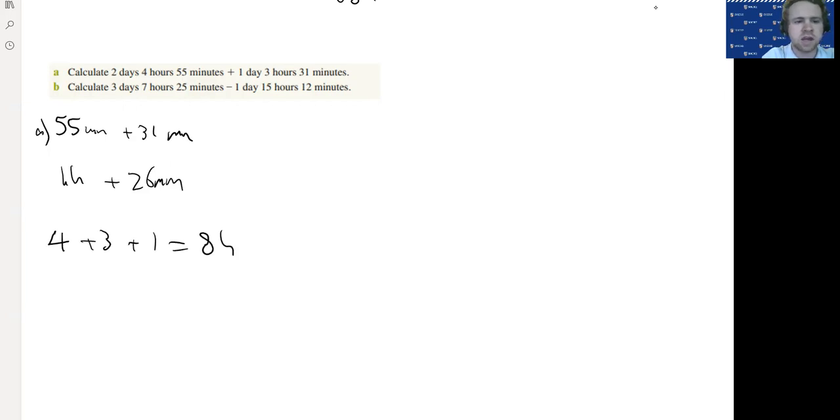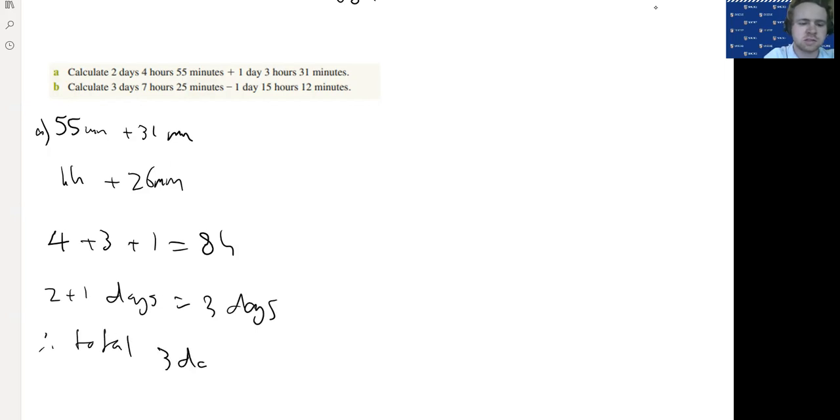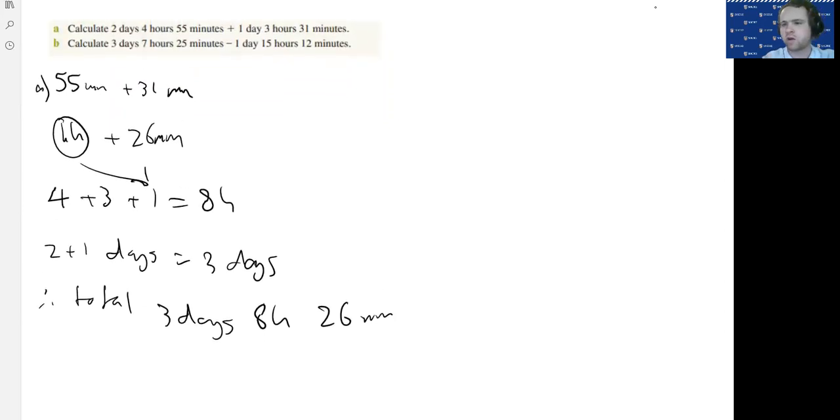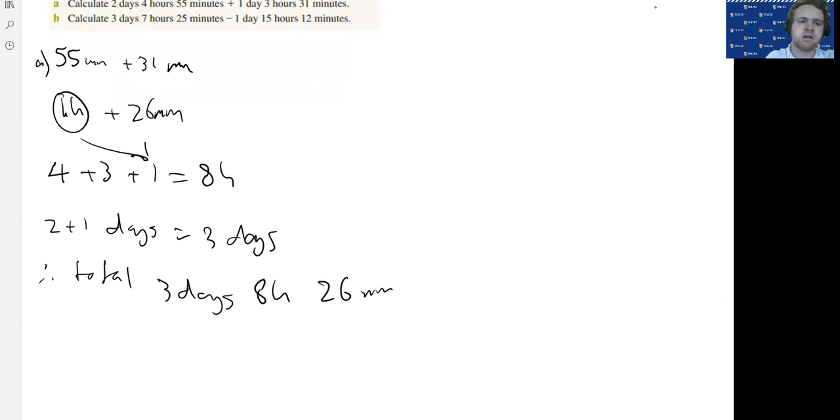And then the number of days is 2 plus 1 days, equals 3 days. So the total will be 3 days, 8 hours, and 26 minutes. Okay, so we just had to carry on this 1 hour that we got from the overflow from the minutes. So work out the minutes and then work out how many more hours you have to add on for the hours, etc., and carry on each one here.